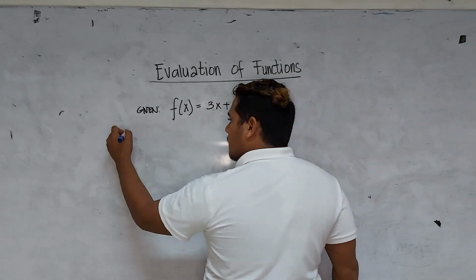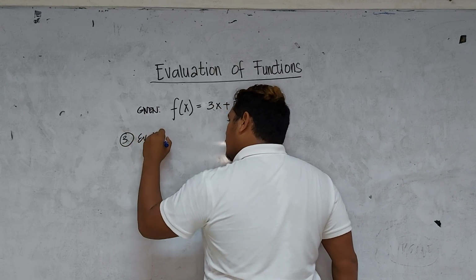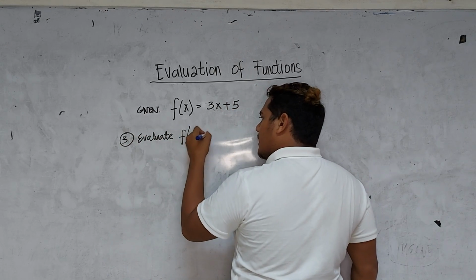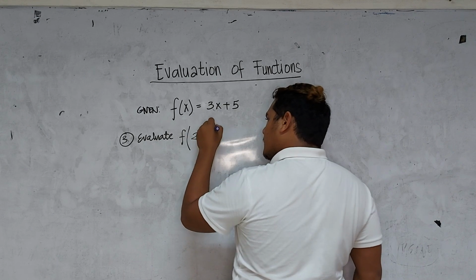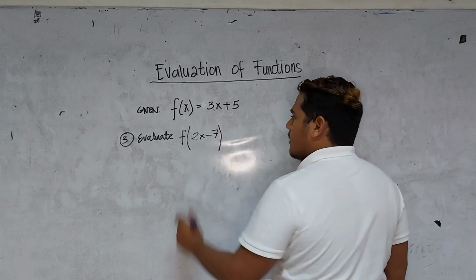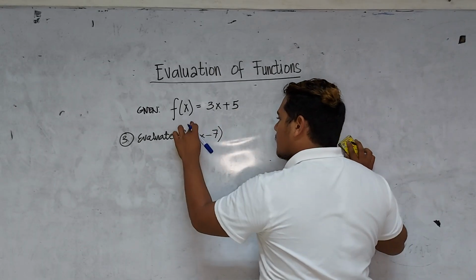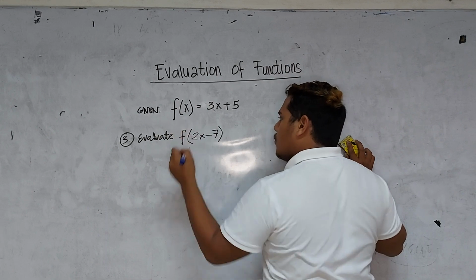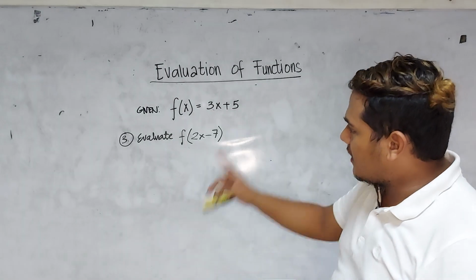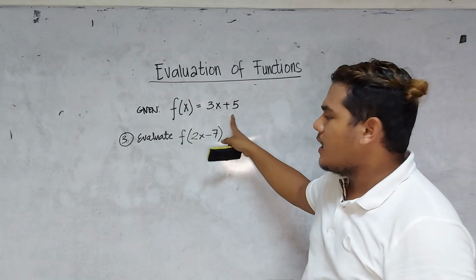Evaluate, third example, evaluate f of 2x minus 7. How do you evaluate f of 2x minus 7? The given is f of x equals 3x plus 5.